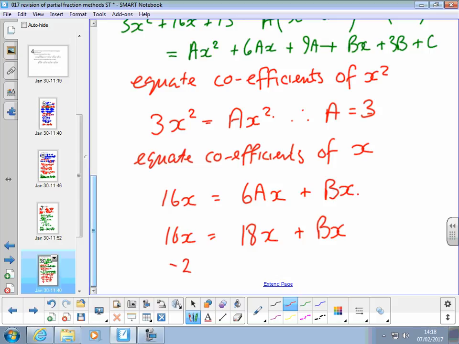Minus 2x is equal to Bx. B is equal to −2.